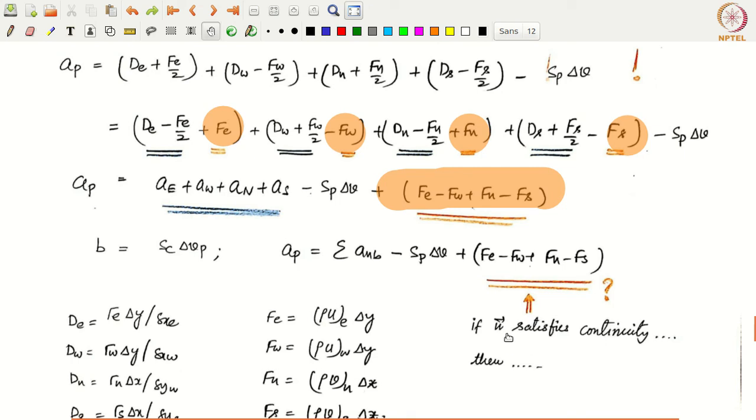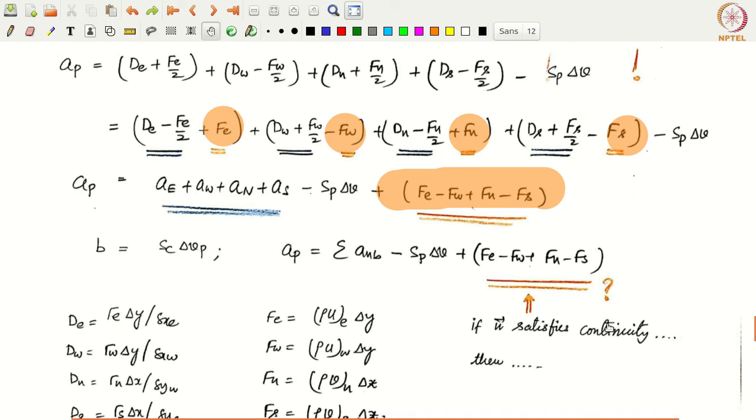Now, if the given velocity field U bar, Ui plus Vj, satisfies continuity, that is mass conservation, what will this quantity be? It is the amount of mass leaving through the east face, minus the amount of mass entering through the west face, plus the amount leaving through the north face, minus the amount entering through the south face. This is basically the conservation of mass, so it has to go to 0 if the velocity field satisfies continuity.